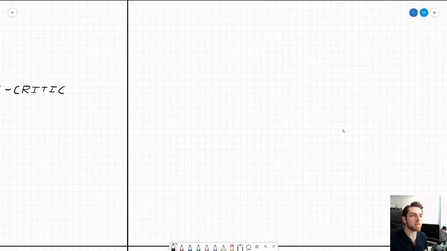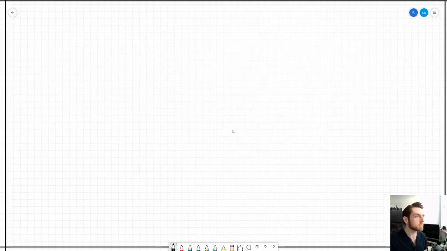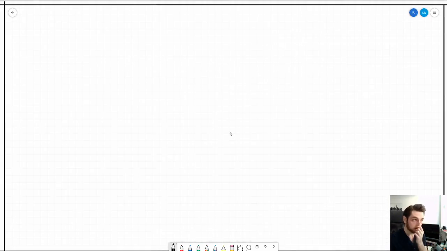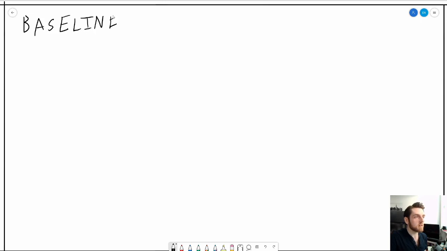So let's start by introducing these baselines. So the baseline essentially works on recalling the invariance in the gradient that we had before to remove the past.